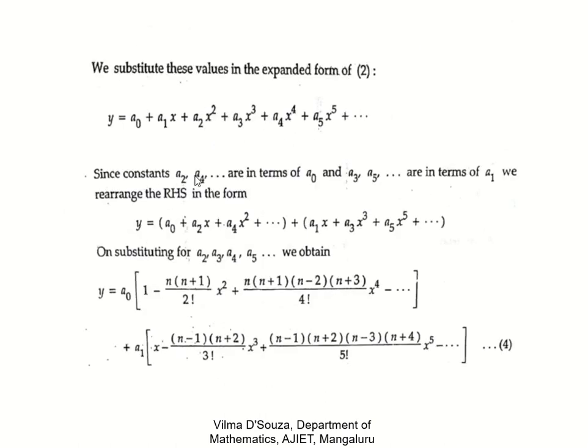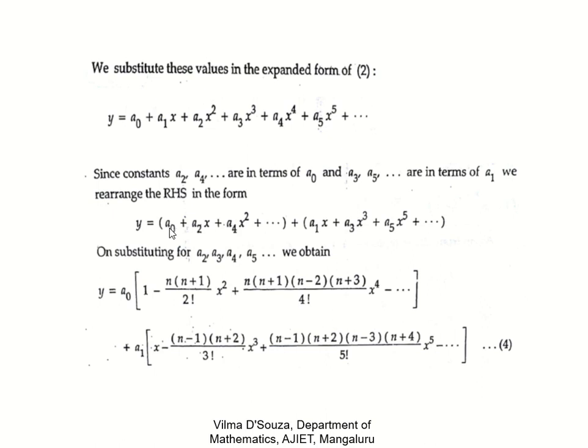So since a2, a4 are in terms of a naught and a3, a5 etc. are in terms of a1, we rearrange the terms as y is equal to a naught plus a2 x square plus a4 x power 4 and so on, plus a1 x plus a3 x cube plus a5 x power 5 and so on. Here it is a2 x square and a4 x power 4. So substitute all the values.